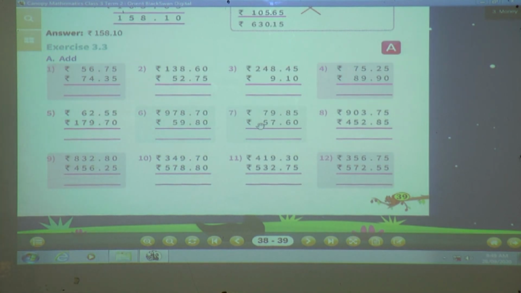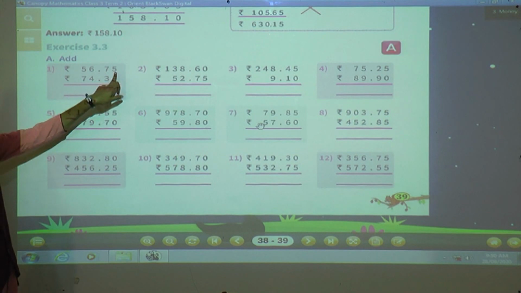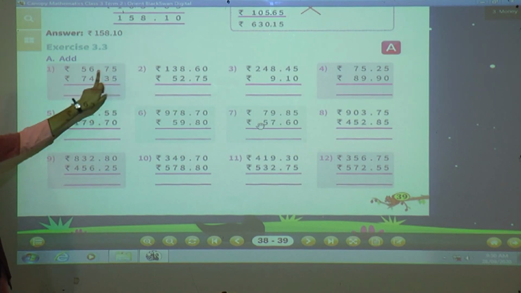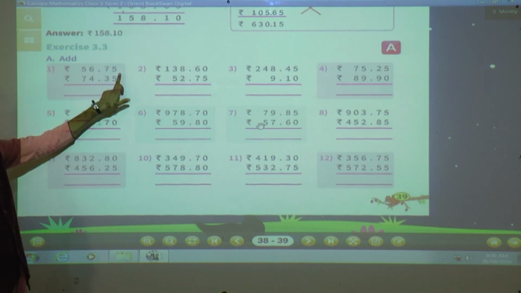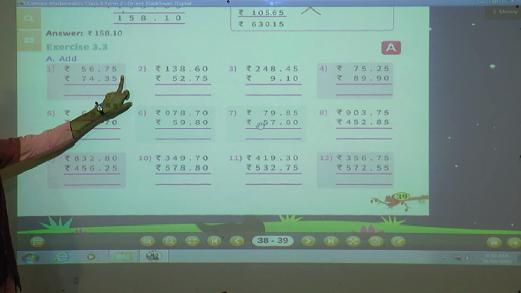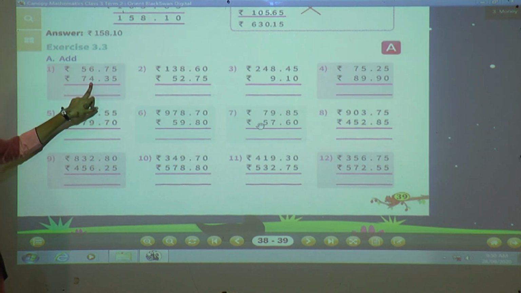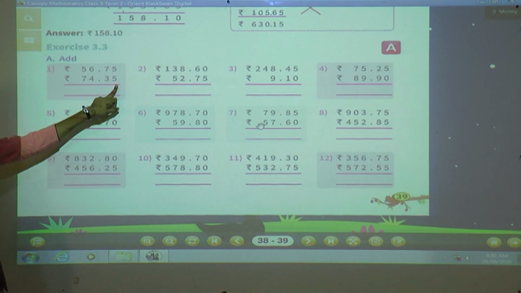We have to do the addition. Read this money. What is the value? Rupees 56 and 75 paise, and rupees 74 and 35 paise.